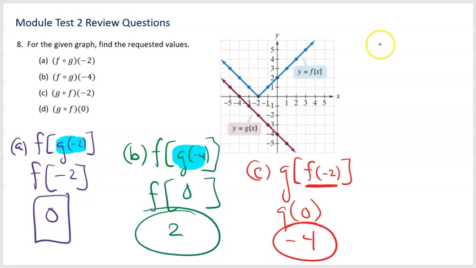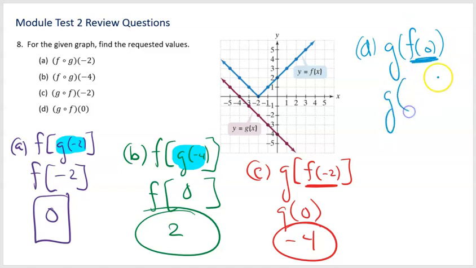One more time. Part D, g composite f of 0 by definition is g of f of 0. So I do the inside first and I find f of 0. Now f of 0 means first I go to x equals 0, which is right in the middle. And then I go to the f function, which is the blue one, and my answer is 2.